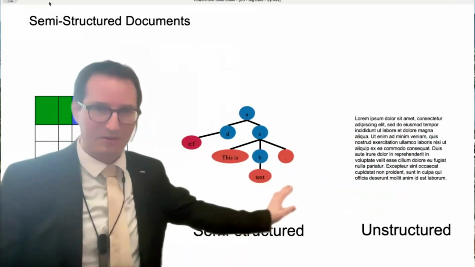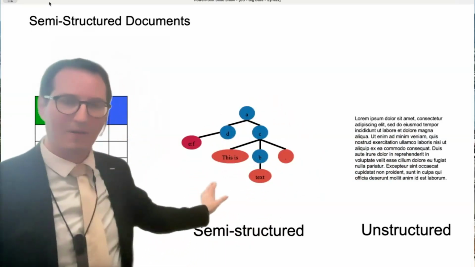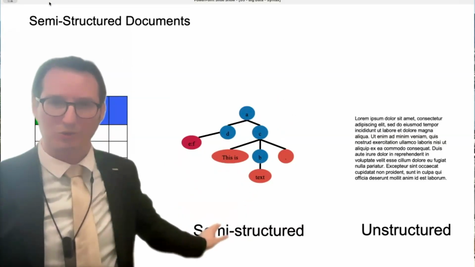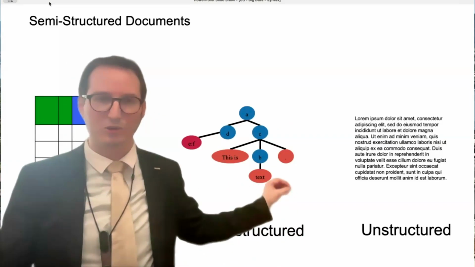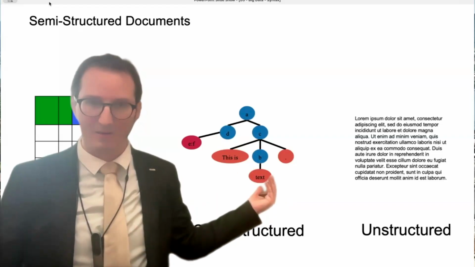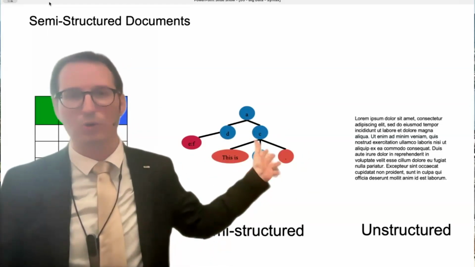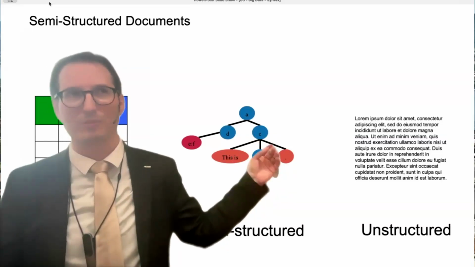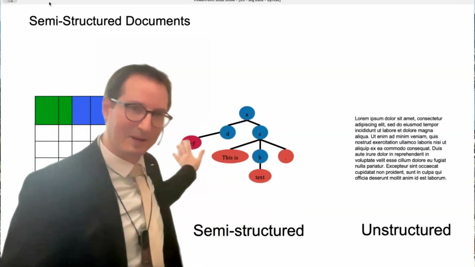And here, with XML and JSON, with denormalized data, we are in the middle between structured and unstructured. We are semi-structured. And typically, semi-structured is associated with trees, right? You could argue that graphs, that we'll see a bit later, you could also consider this semi-structured, but people associate semi-structured with trees, typically, okay?